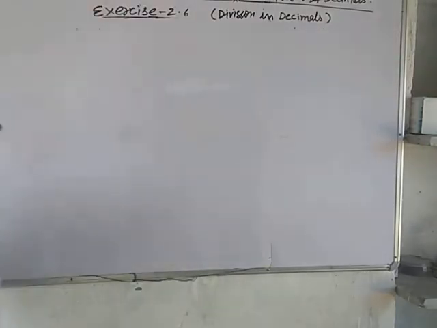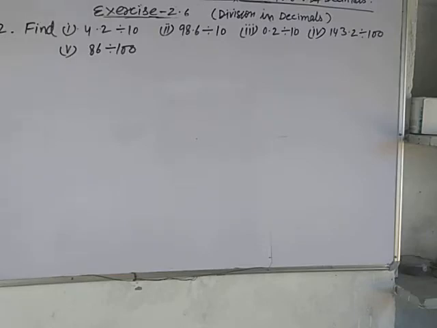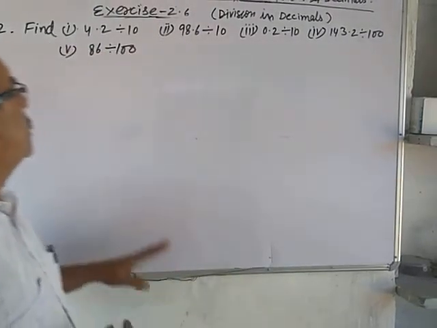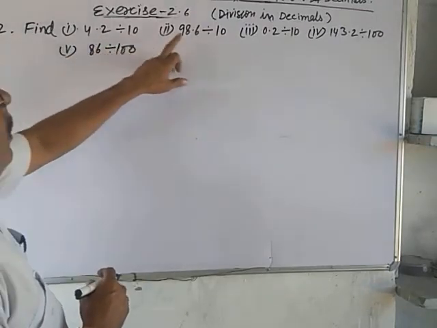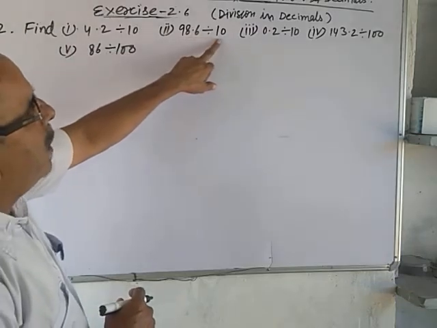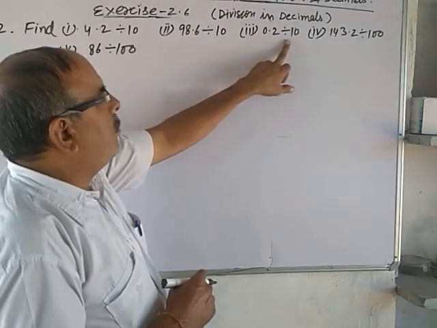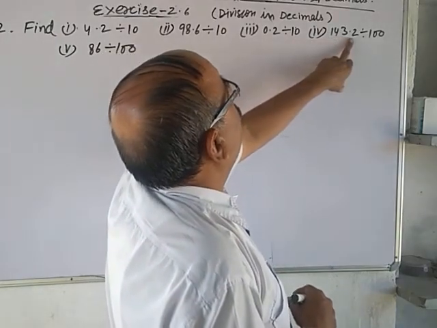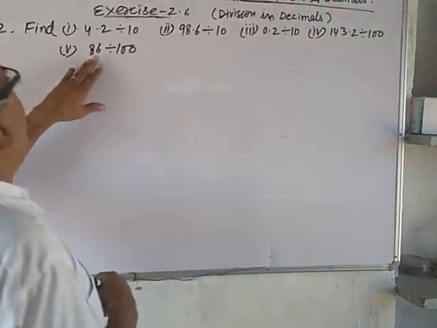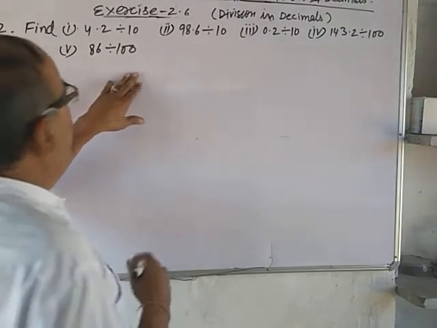Question number 2. This is question number 2. 4.2 divided by 10, 98.6 divided by 10, 0.2 divided by 10, 143.2 divided by 100 and 86 divided by 100.